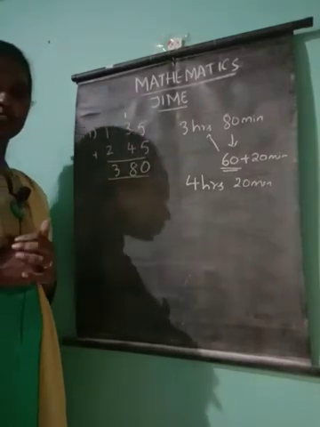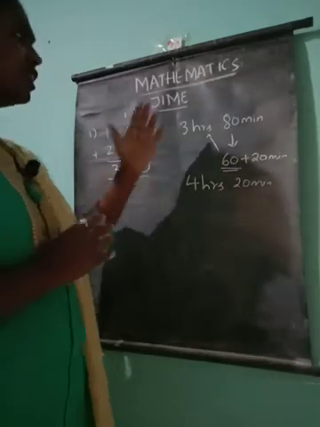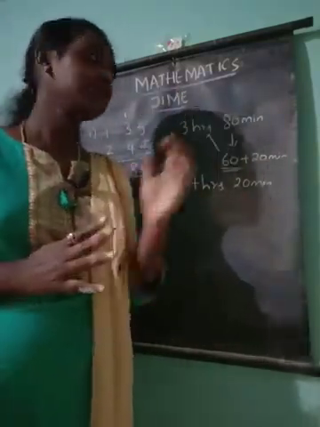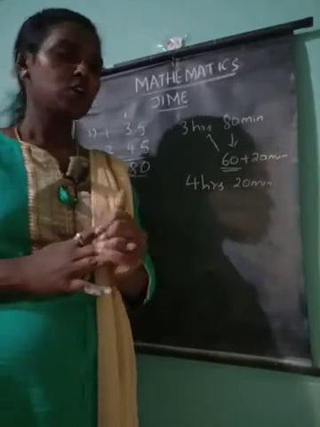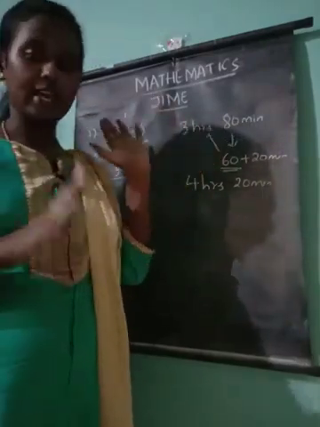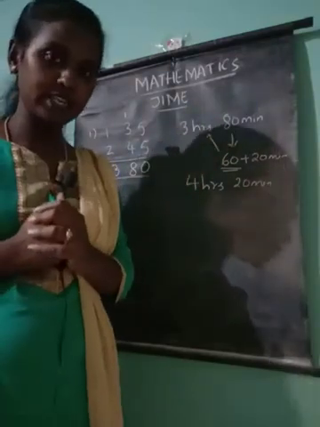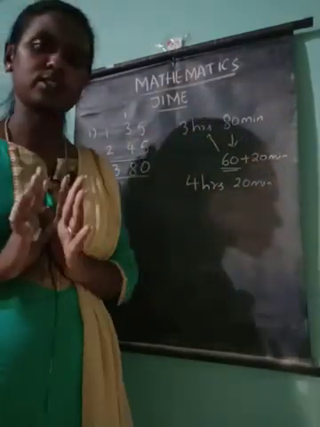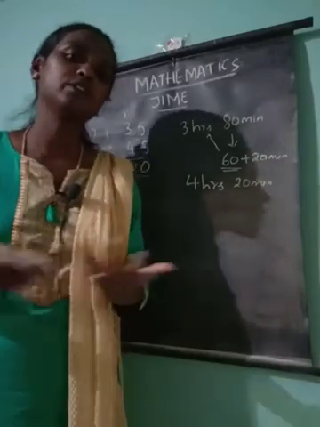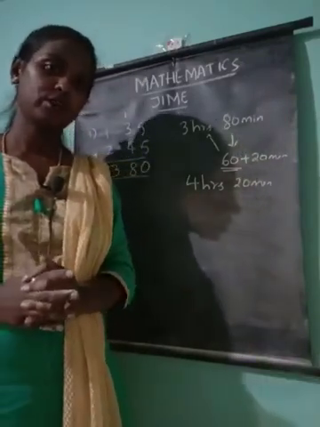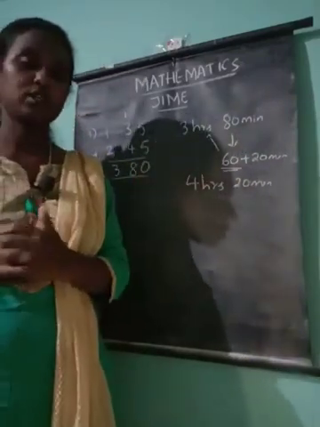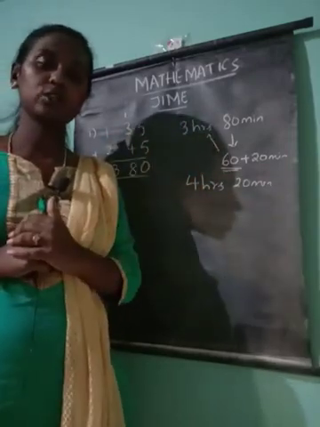So I hope you understood this. Always, in the minutes of the solution, if we get exactly 60, like 3 hours 60 minutes, we can just write 4 hours. No need of mentioning 0 minutes. If we get 65 minutes, convert 60 into 1 hour and just write the 5 minutes.